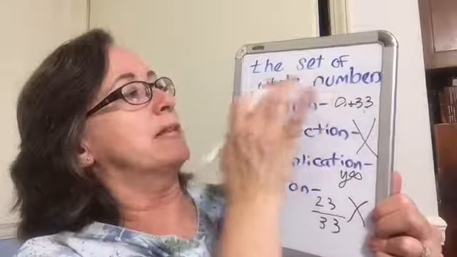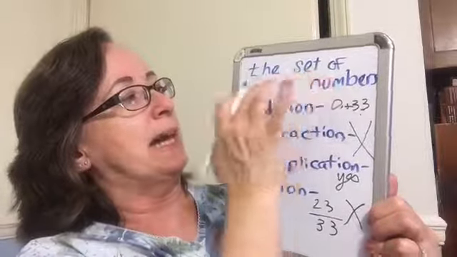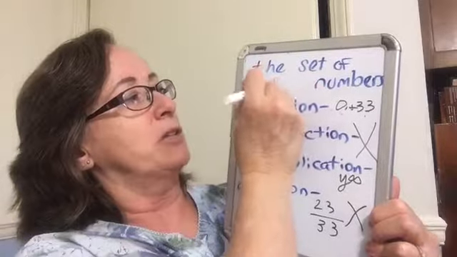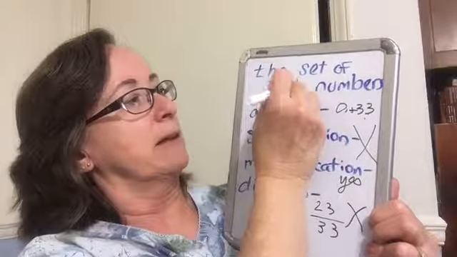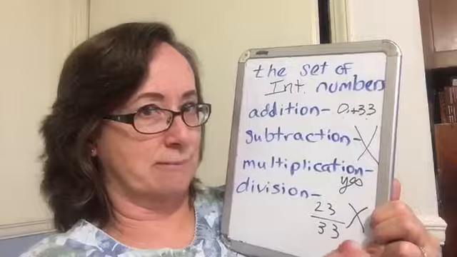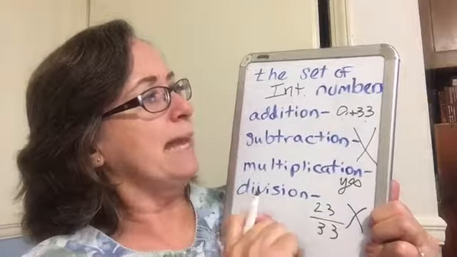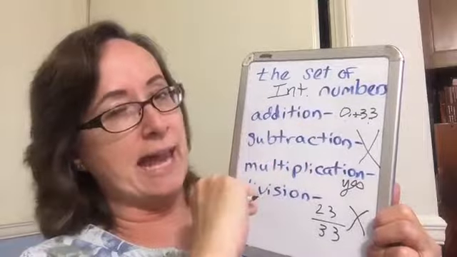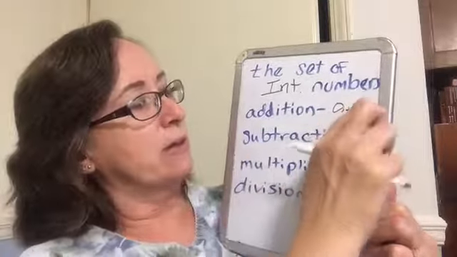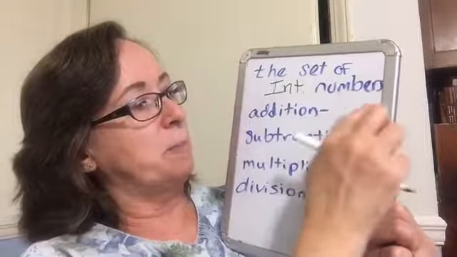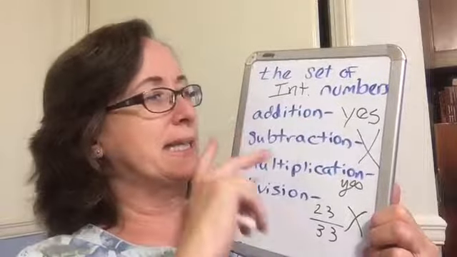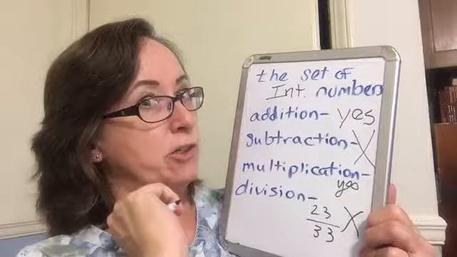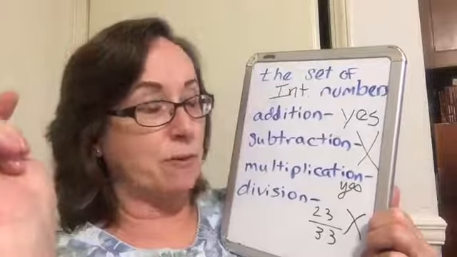What if we took this right here and we stuck in integers? Integers would be closed under addition. I could add any two together, and yes, it would be closed under addition. What about subtraction? Remember what integers are: positive and negative whole numbers.